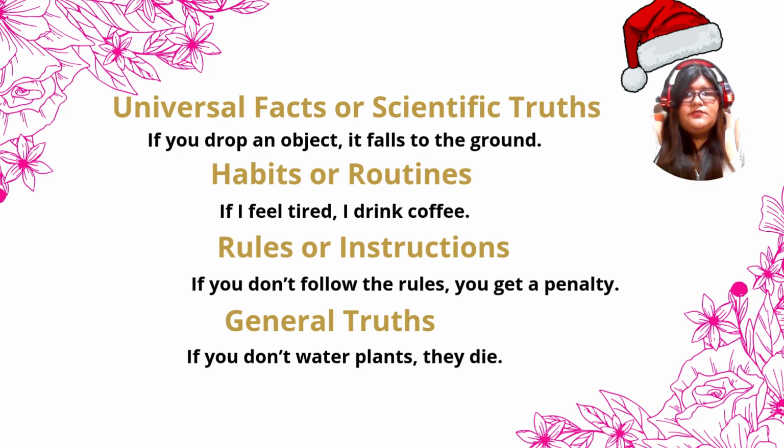If you don't follow the rules, you get a penalty. For example, if the police from your country say, if you pee on the street, you will get a penalty. And that is a rule that they won't change. That will remain always and won't change. So, rules or instructions. If you don't follow the rules, you get a penalty.